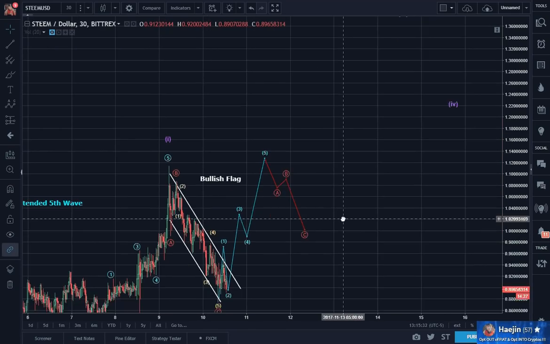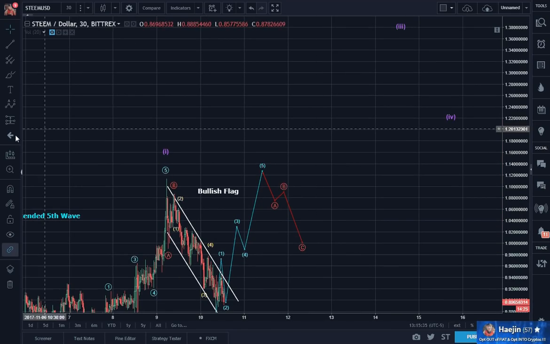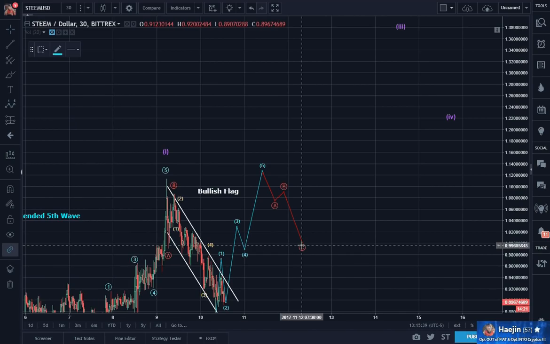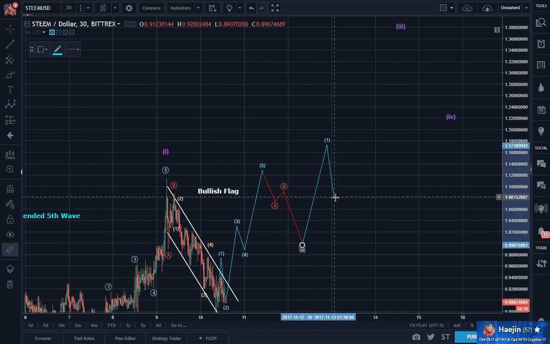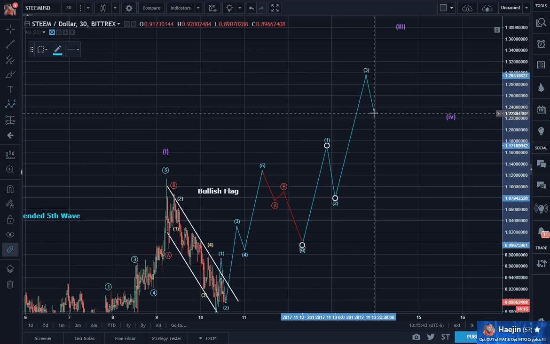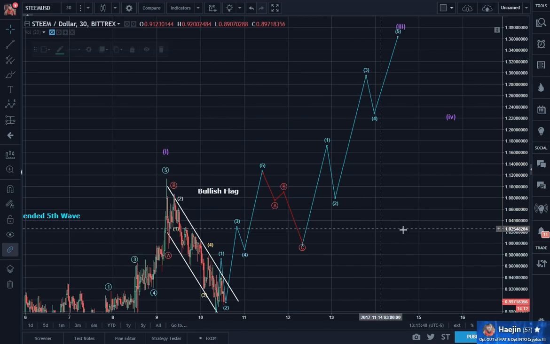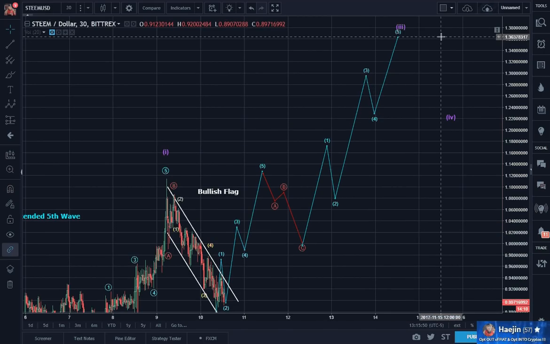And from here, with 3 there, it'll reach $1.36 or higher.